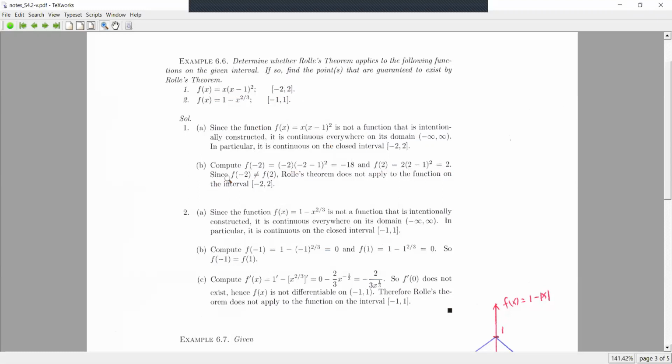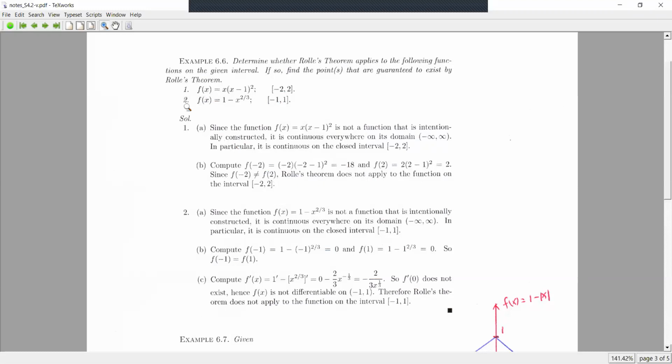Oh, function value at left endpoint is not equal to function value at the right endpoint. So this function and this interval don't satisfy the second condition of Rolle's theorem. Conclusion: Rolle's theorem cannot be applied to this function and this interval.